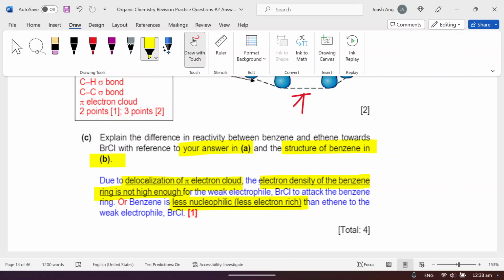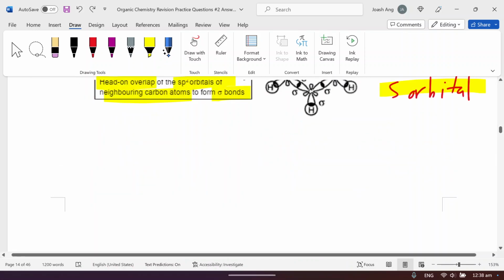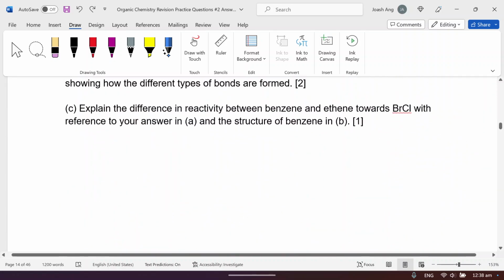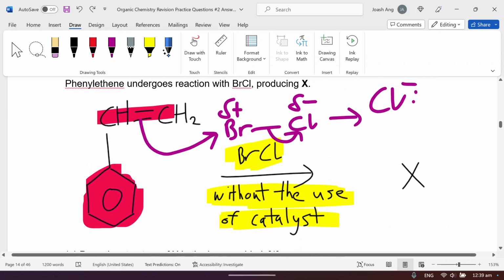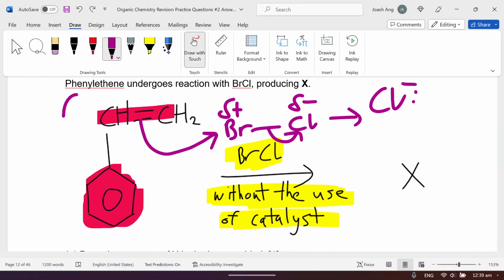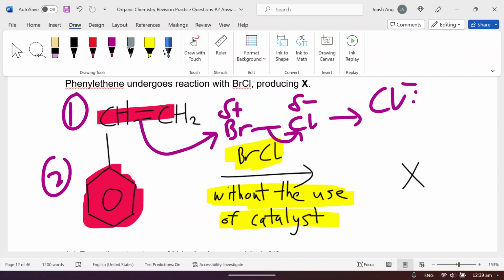So based on the above part, if you compare the alkene and the benzene ring, the alkene would more readily attack the weaker electrophile, which is BrCl. And that is when milder conditions are being used.